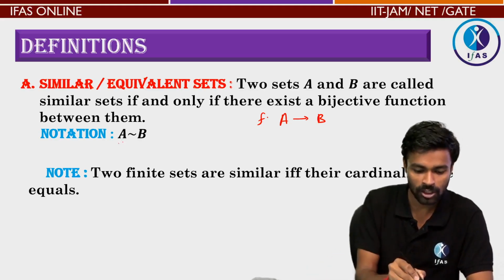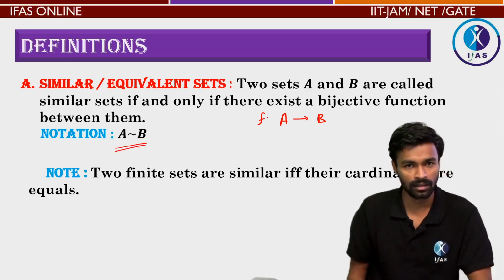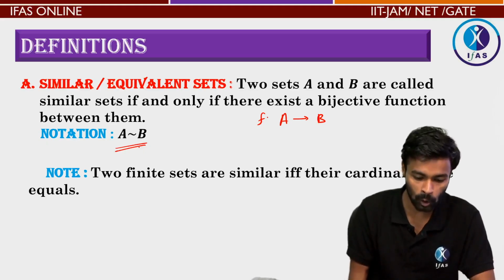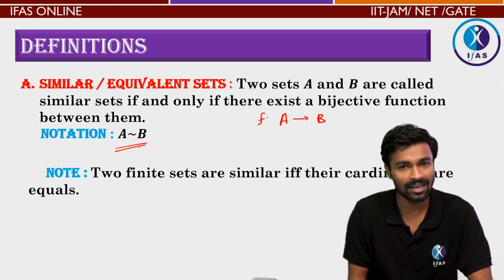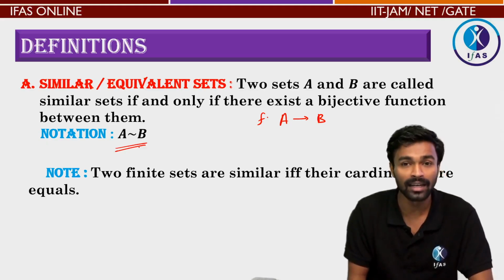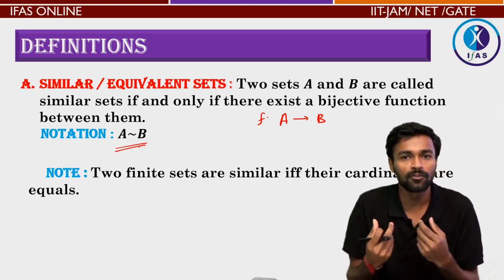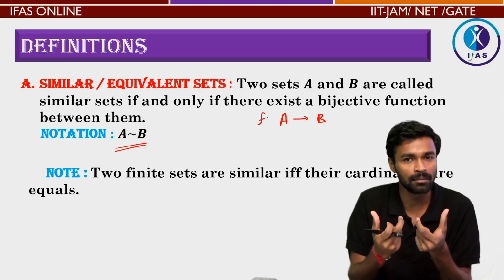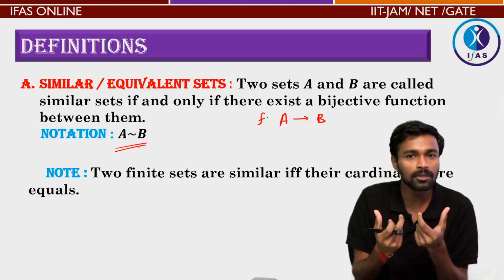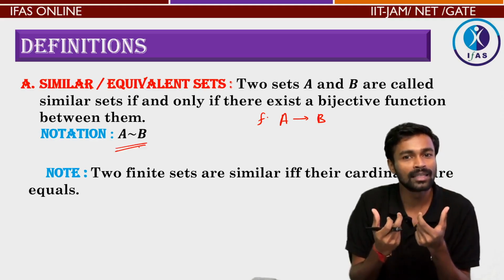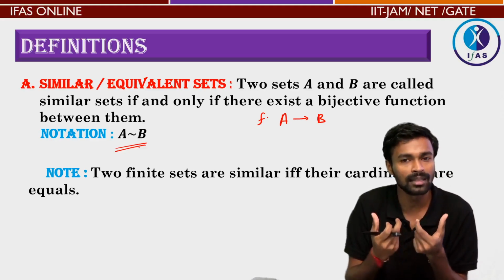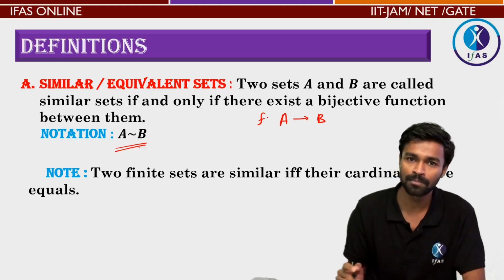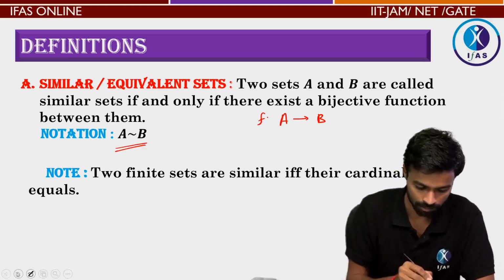Now the note: two finite sets are similar if and only if their cardinalities are equal. Cardinality means the number of elements in that set. So if the number of elements in the sets are equal, then the sets will be similar.